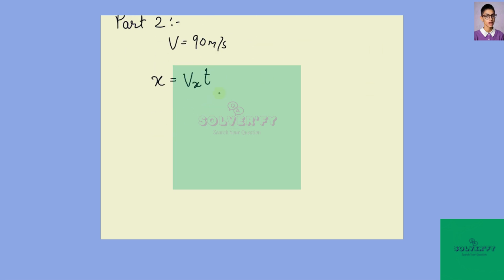For time we will use the equation y equals y naught plus Vy t plus 1 by 2 ay t squared, because this will be a projectile motion. So this becomes 0 equals 114 plus Vy t minus 1 by 2 g t squared, because finally it is going to land and the final height will be 0.